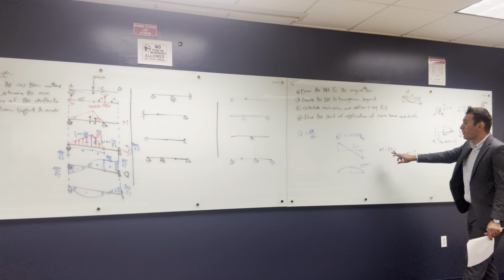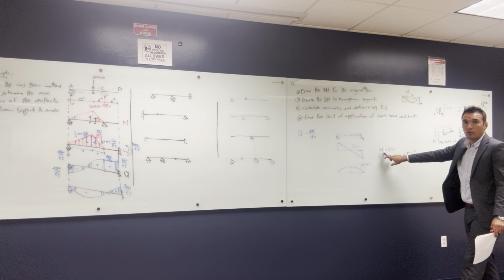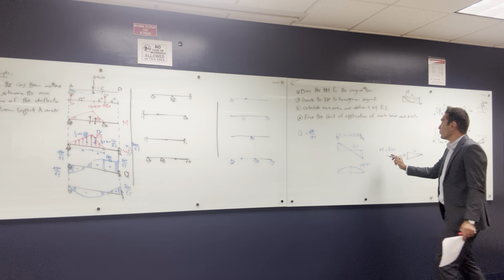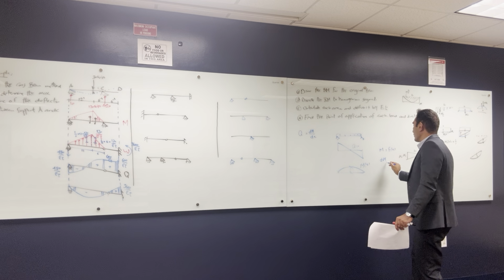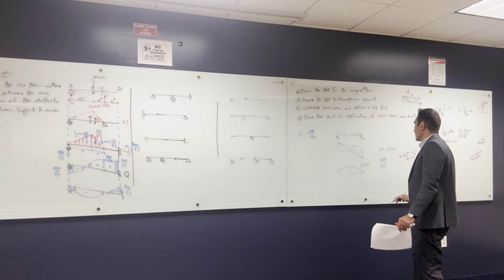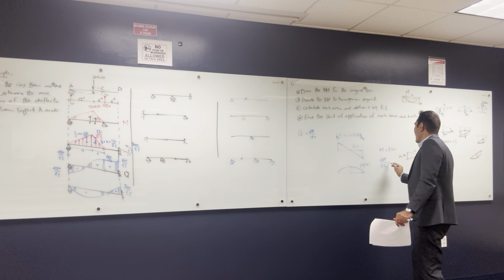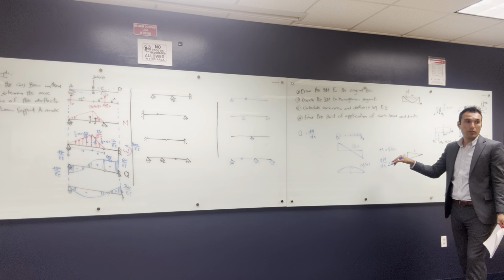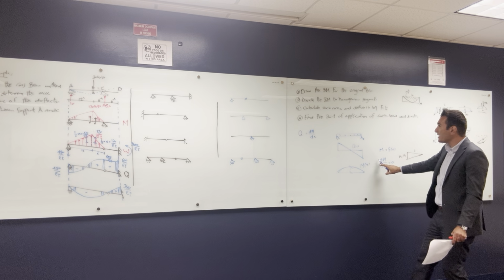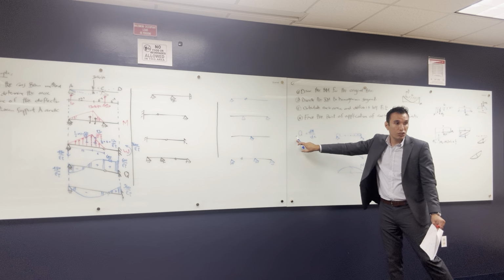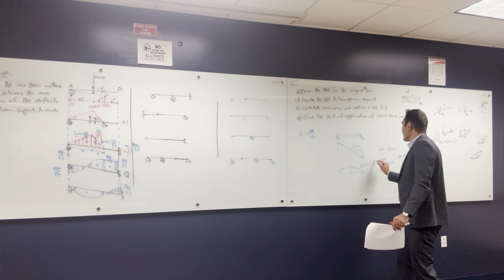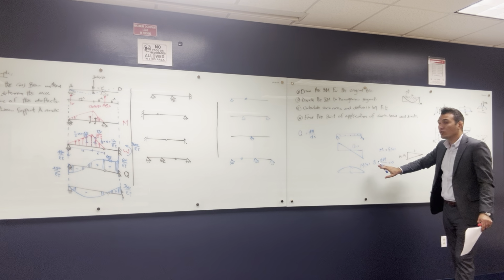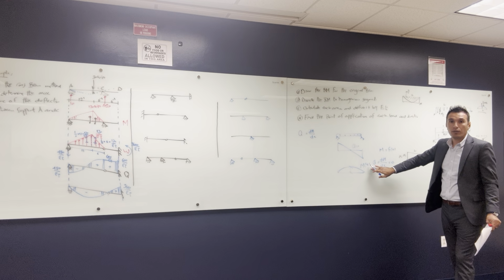If you want to find the maximum of a function, you differentiate this function with respect to x and equate it with 0. But we know that dM/dx is equal to shear. So if you want to find the maximum moment, find where the shear is 0.